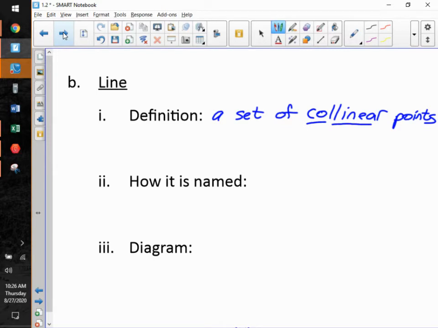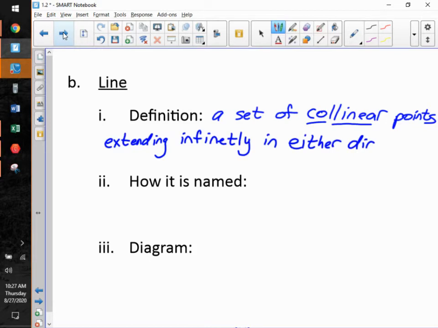So collinear points are points that are all on the same line. So our definition of line is a set of collinear points extending infinitely. That's important there, everybody. It does not end, but it extends infinitely in either direction.